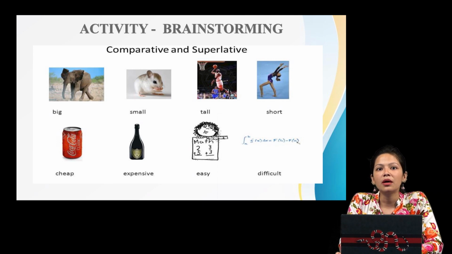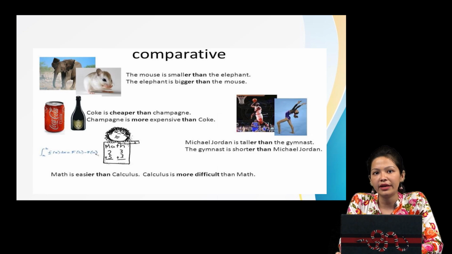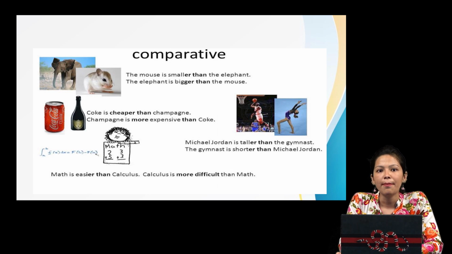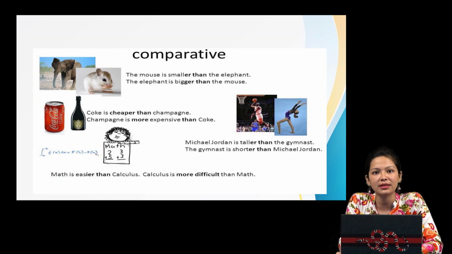Now see, the mouse is smaller than the elephant, the elephant is bigger than the mouse. So this way we have to do the comparative, okay. Now the Coke is cheaper than champagne, champagne is more expensive than Coke, and Michael Jordan is taller than the gymnast, the gymnast is shorter than Michael Jordan. Math is easier than calculus, calculus is more difficult than math.